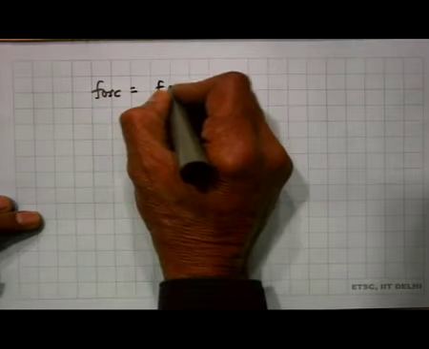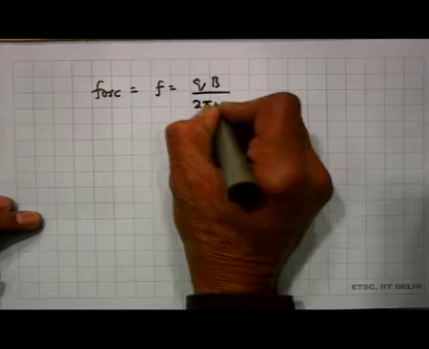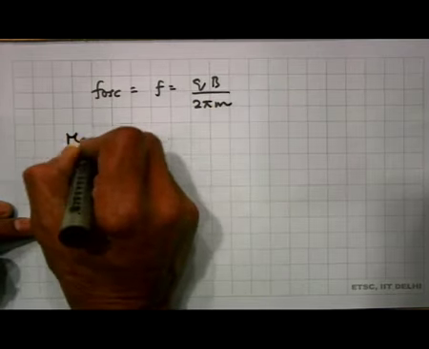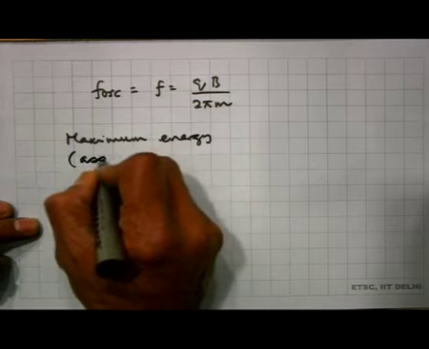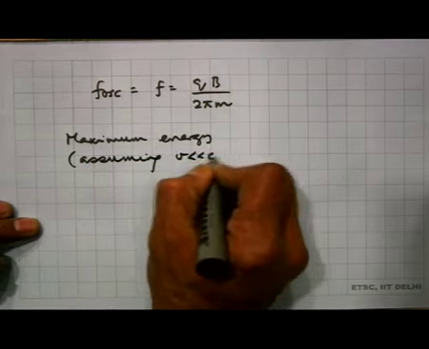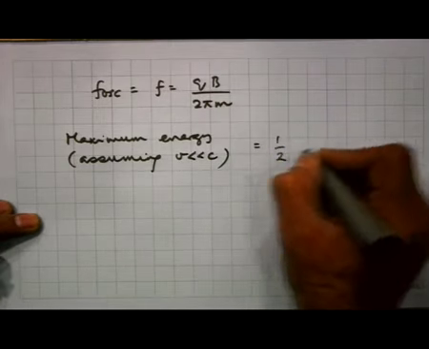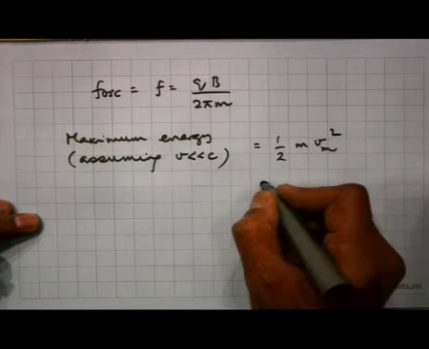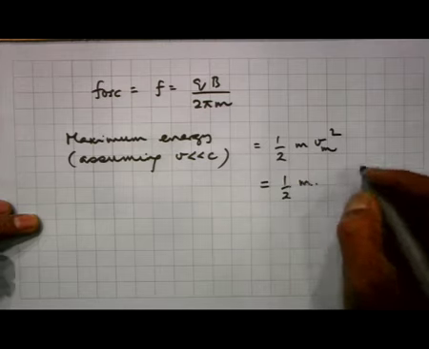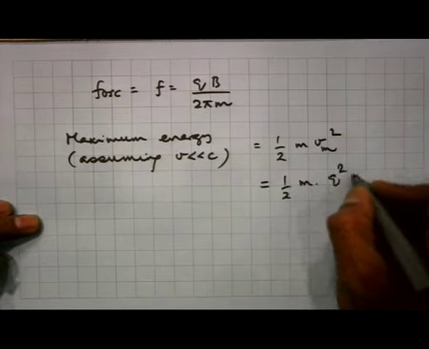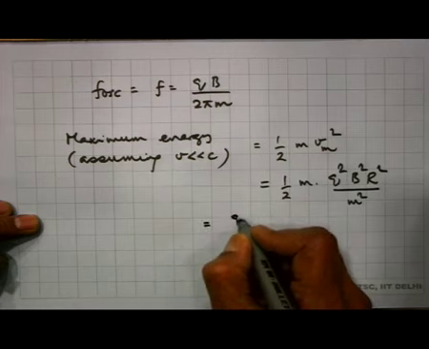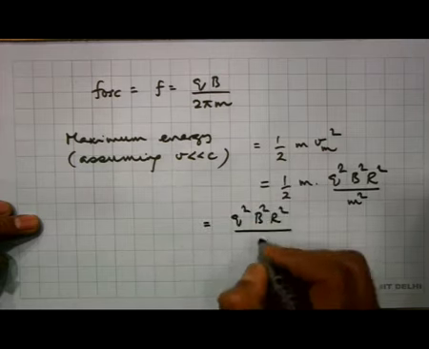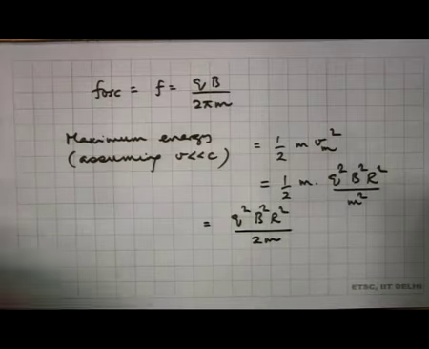So the oscillator frequency must be equal to f, which is equal to qB by 2 pi m, and the maximum energy, assuming velocity of the particle to be much less than c, is equal to half m v maximum squared, which is equal to half m q squared B squared r squared by m squared, which is equal to q squared B squared r squared by 2m, where r is the radius of the D of the cyclotron.